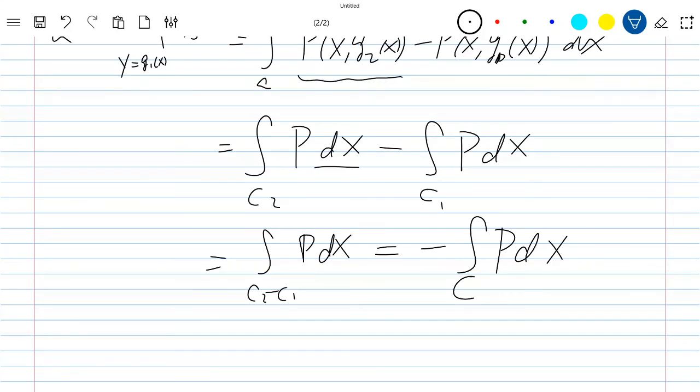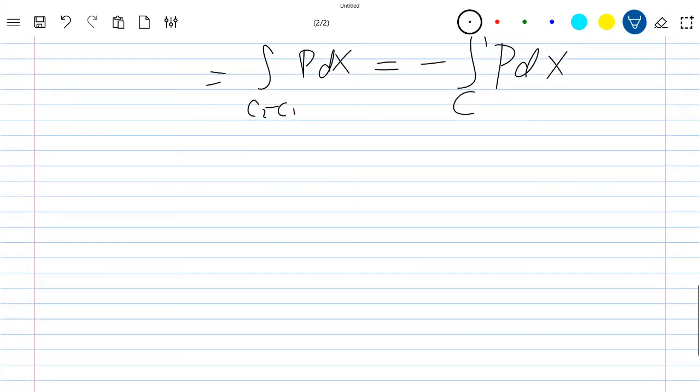So now we have proved Green's theorem. And Green's theorem can tell us quite a few things. First of all, it proves our theorem about the gradient field.